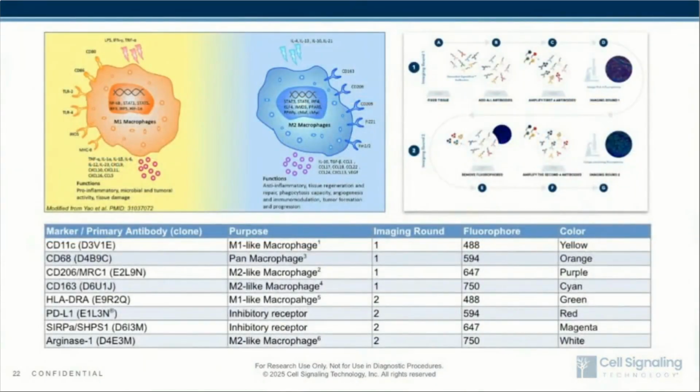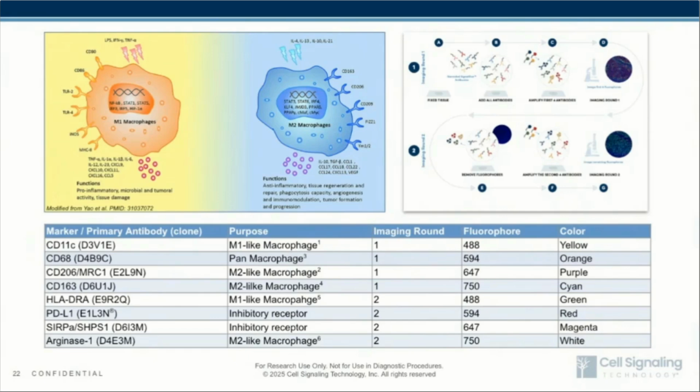For this study, we were looking at the myeloid cells and the M1 and M2-like macrophages. I very specifically say M1 and M2-like, as we know from extensive literature in the field that it isn't black and white.